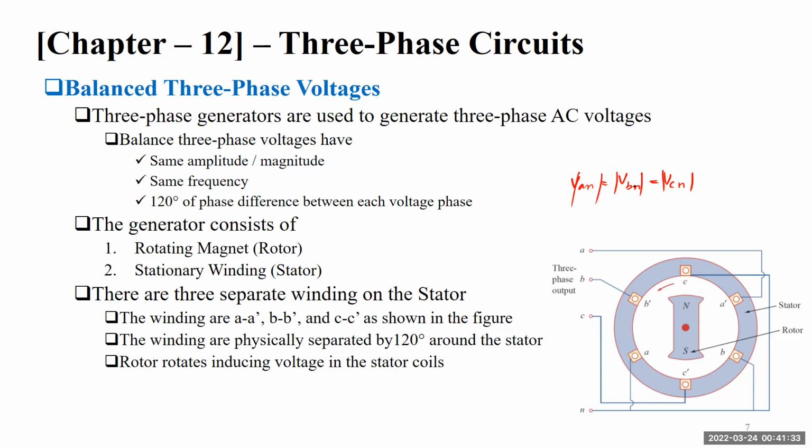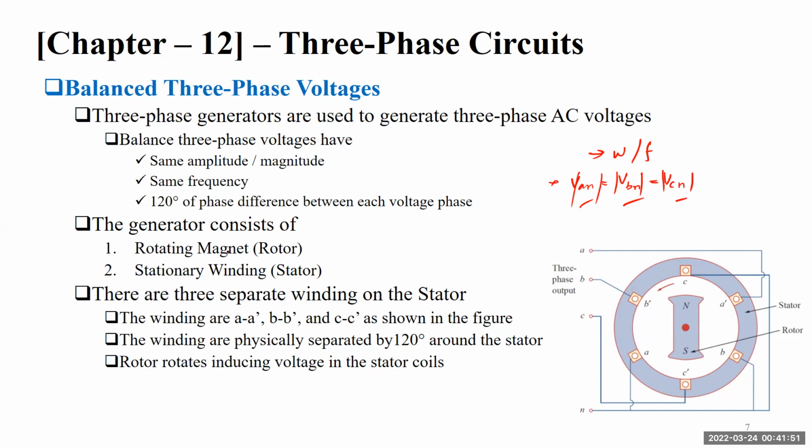Also the frequency must be equal, so omega or f must be the same for VA, VB, VC. And these phases are 120 degrees apart from each other.